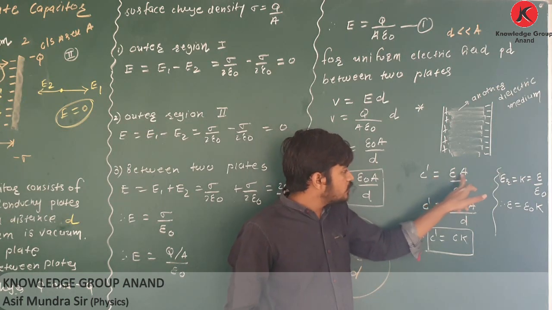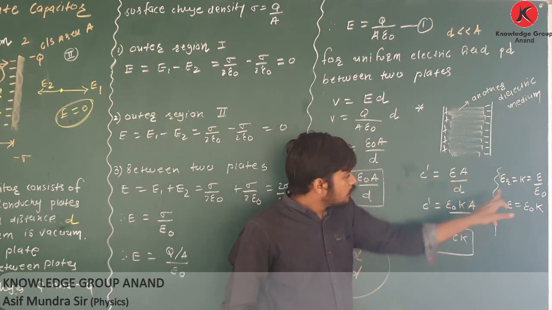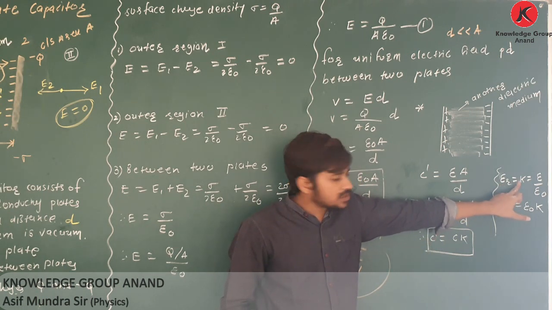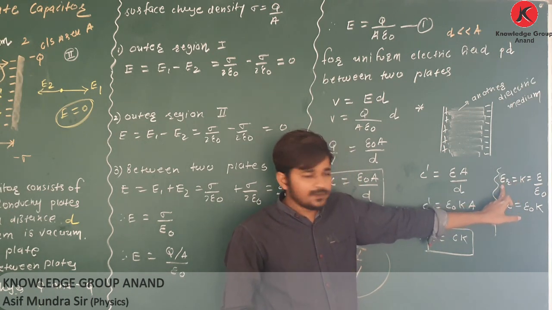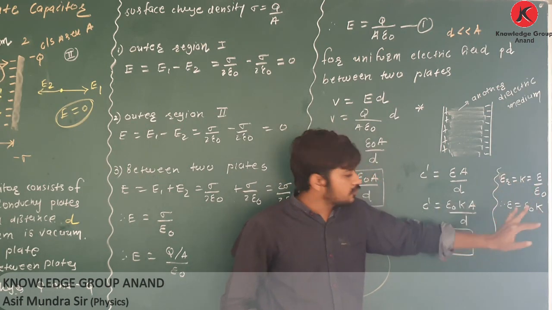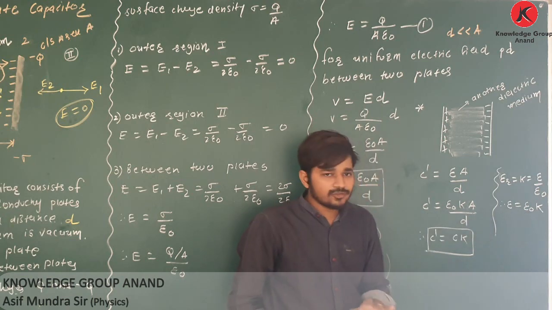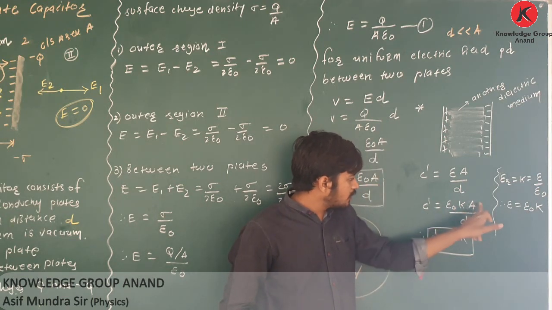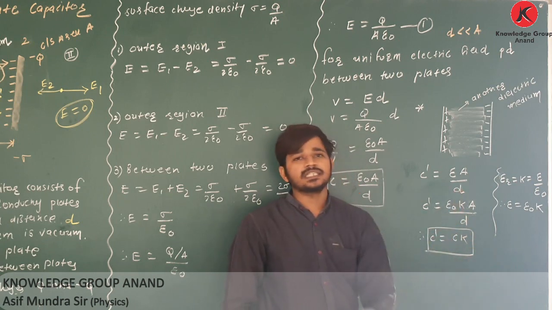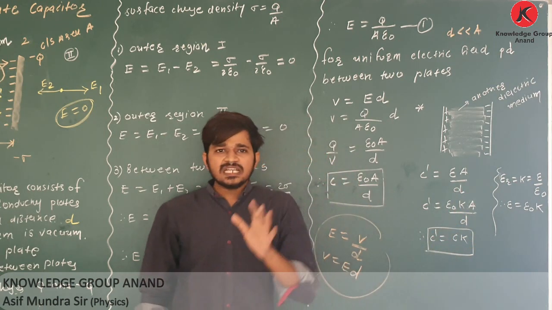Then C dash is equal to epsilon A upon d. We know that epsilon r is equal to K, the dielectric constant, relative permittivity, epsilon upon epsilon 0. So epsilon is equal to epsilon 0 K. Put the value here: epsilon 0 A upon d is already C, then C dash is equal to Ck.